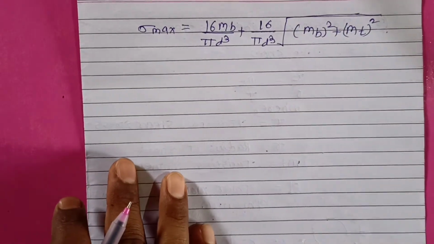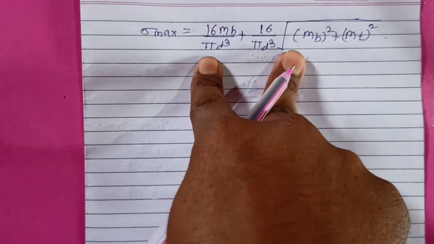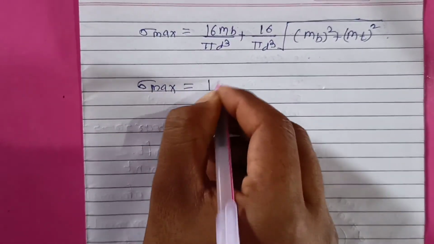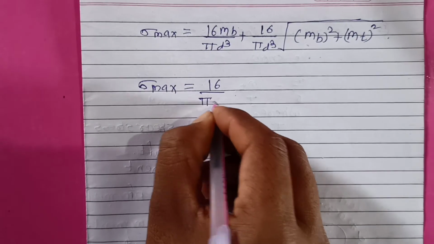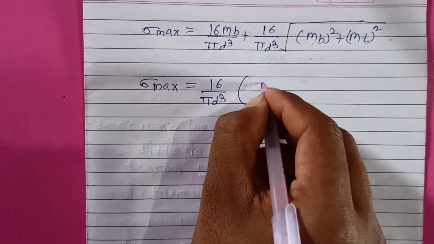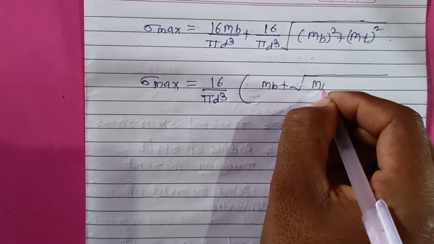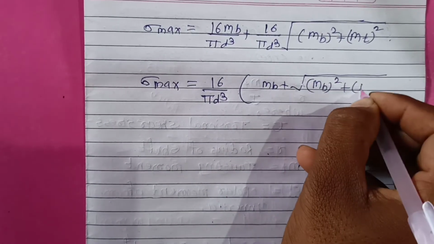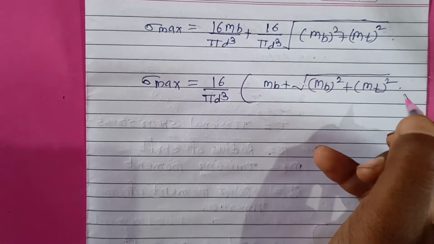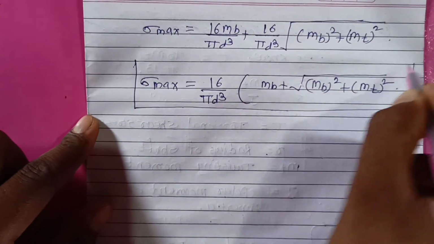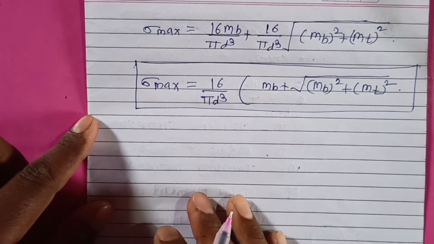Once again take the common terms from these two, then sigma max is equal to 16 divided by pi d cube in bracket mb plus root of mb bracket square plus mt bracket square, and this is the formula for maximum principal stress theory.